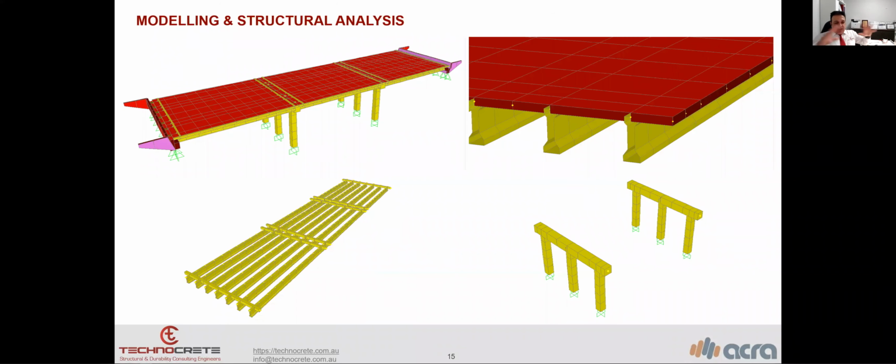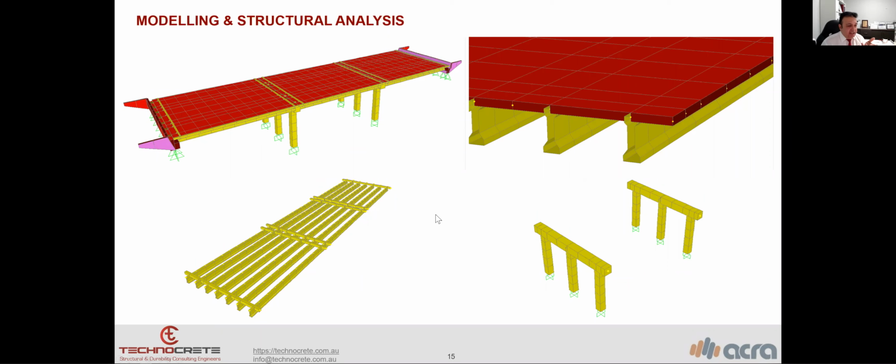When we collect all the data, for example for this bridge, it didn't have any drawings or documentation. So we conducted a very vast and extensive on-site measurement, both geometrical measurement and non-destructive testing. The bridge has 7 precast girders with some cross beams, and 2 piers with 3 columns each, and then a crosshead or headstock.